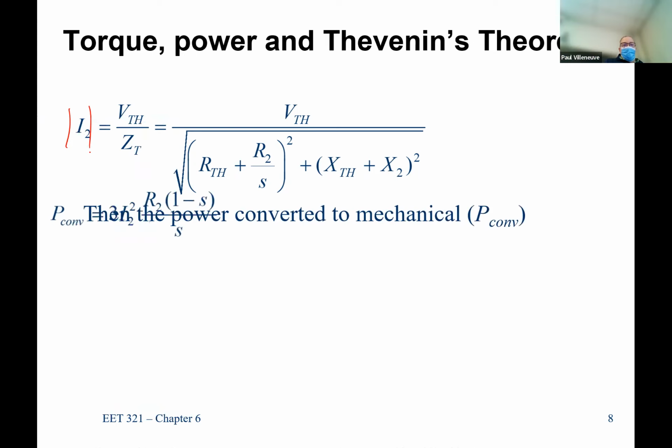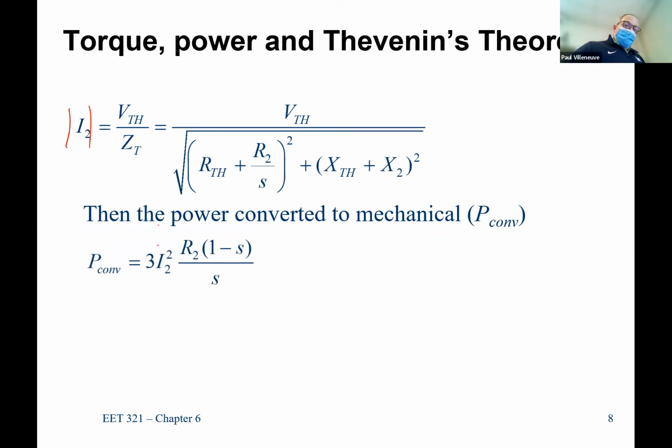Now my power converted, and you can see why I use magnitudes, because this equation has to be a magnitude only term. That has to be I2 magnitude, not magnitude and angle. So I'm solving for the important parameters that I need. My converted power, we derived this equation in class, is 3 I2 squared R2 times 1 minus S over S.